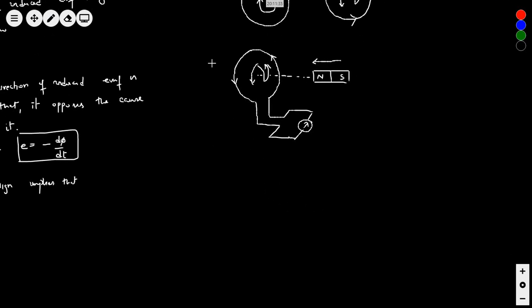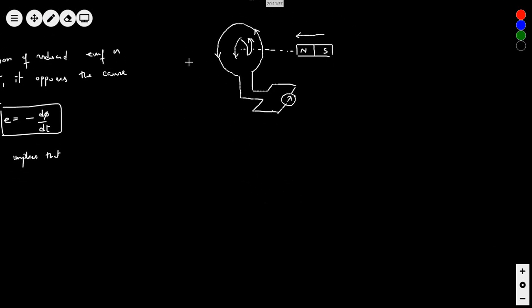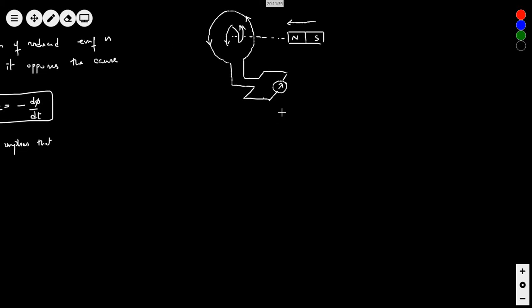Let us do a few more questions so that our concept gets clearer. I'll draw this surface to show that this is a plane, and I draw a circle here. This is a coil, right? And this is a bar magnet which is falling freely.